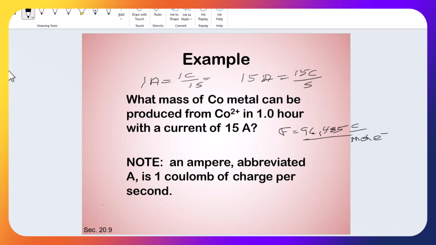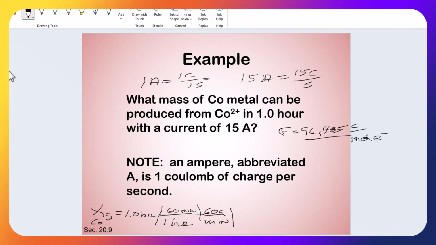So I want to know how many grams of cobalt, and I'm running this electrolytic cell for 1 hour. Every 1 hour has 60 minutes, and every 1 minute, 60 seconds.